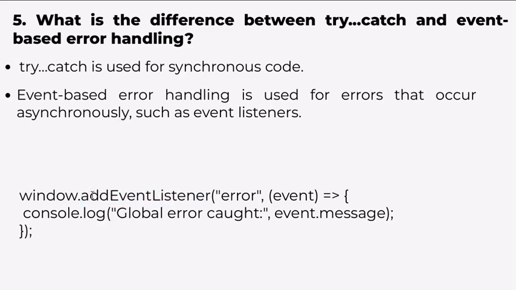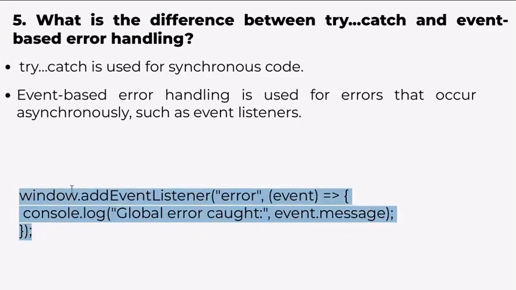You will use addEventListener to perform a specific task, and inside it I will declare an error event, and I will use a function whose parameter is event, and with console.log I will print the output, which is a global error caught event message. So it will show me the error message.